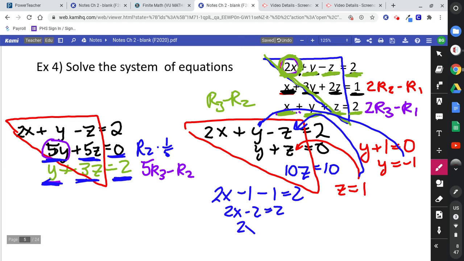Add the 2 over, 2x equals 4. Divide by 2, x equals 2. So you've got one solution, 2, comma, -1, comma, 1. Let me make that look more like a 2. 2, comma, -1, comma, 1.